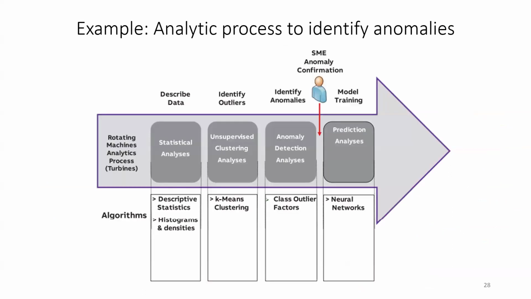So this diagram visualizes the end-to-end analytic process, which is used to detect the anomalies in rotating machines like turbines. The process follows from left to right, beginning with the first thing, statistical analysis.